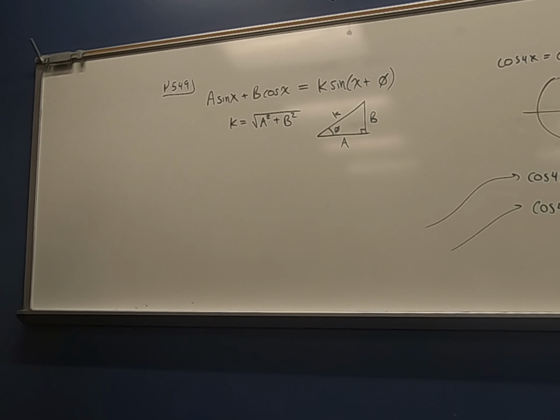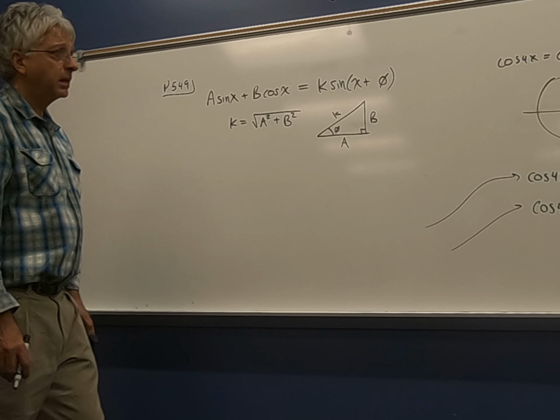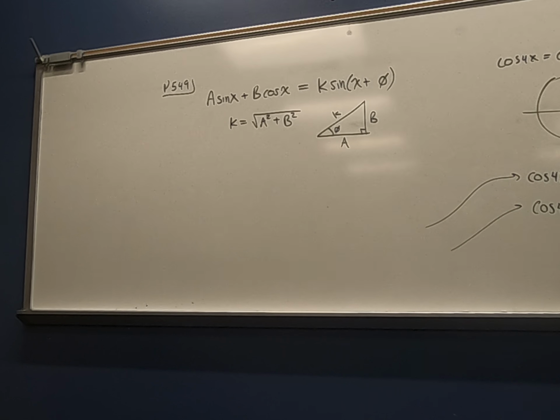So what about phi? What is phi? Well, phi is determined by y and x, or I guess A and B. So if we're here, that means A is here and B is here, right?